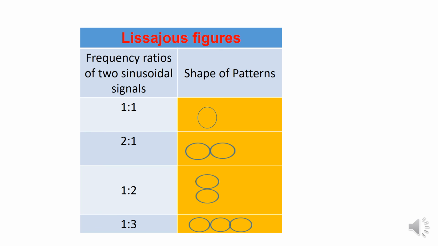Here it is 2:1, here it is 1:2, so two lobes are there. If the frequency ratio is 1:3, then three lobes are there. In this way, different types of patterns can be obtained, and from Lissajous figures, different information about the signals can be obtained. Frequencies you can also measure with the help of this. Thank you.